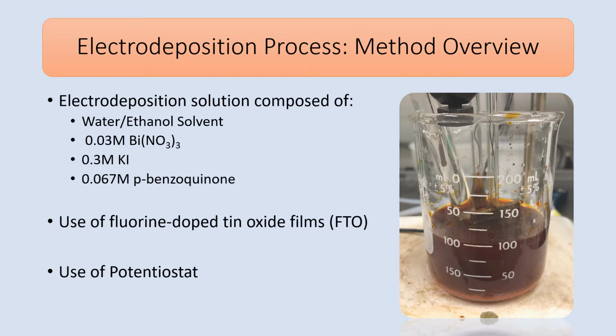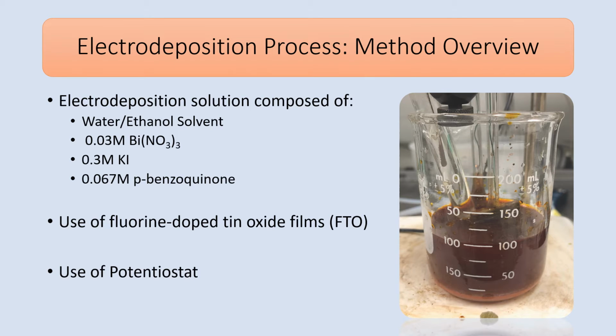Here is an overview of the electrodeposition process that we carried out. We first made a solution composed of a water-ethanol solvent dissolving the necessary amounts of bismuth nitrate, potassium iodide, and p-benzoquinone. The iodide was particularly an important compound within the solution because it contributed to bismuth stability within the solution.